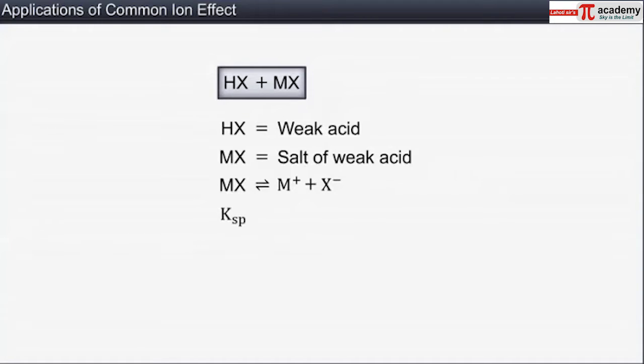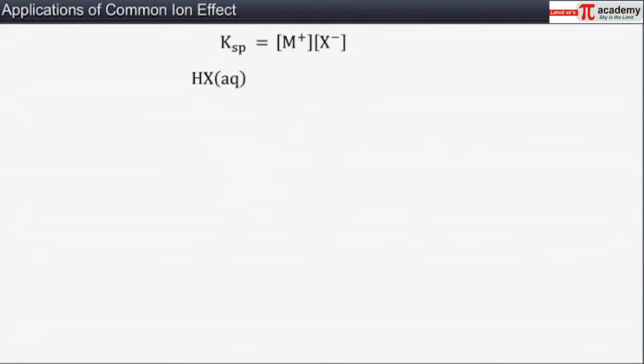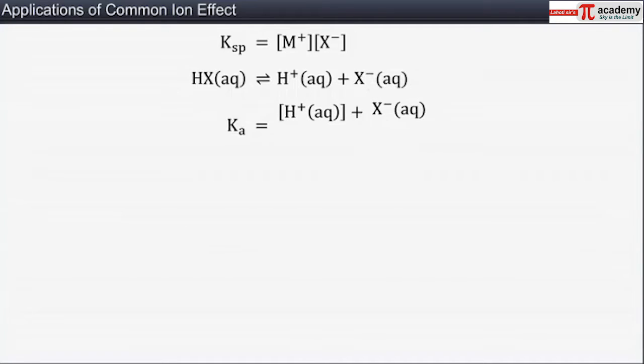Then, Ksp is equal to the product of molar concentration of M+ ions and X- ions. HX ionizes to give H+ ions and X- ions. Then, Ka is equal to the product of molar concentrations of H+ and X- divided by HX concentration.